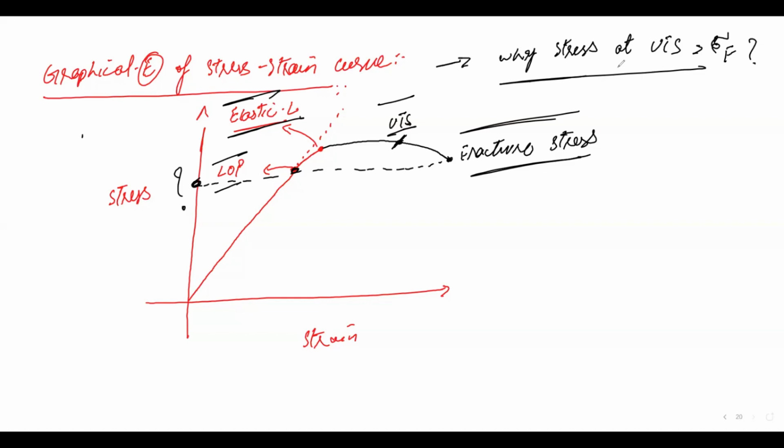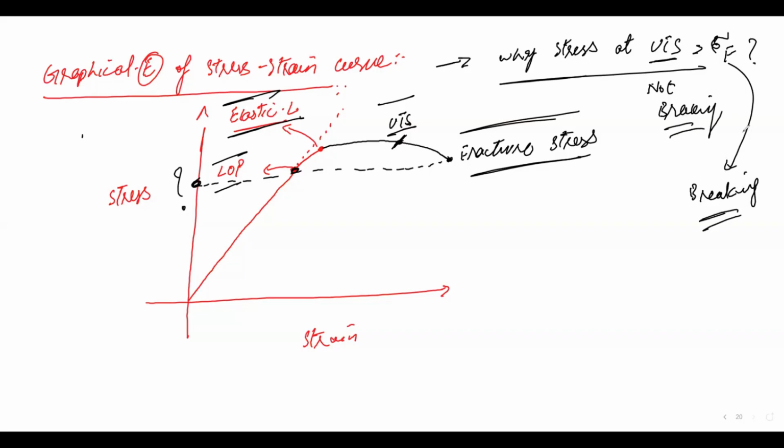Exactly, and that is the main question: why is the object not breaking at UTS? Rather than that, it breaks at a stress lower than the UTS. It is breaking at this point.